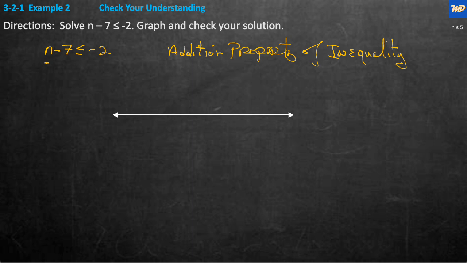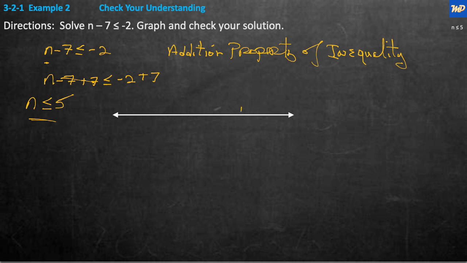Okay, so when we do that, we're going to get n minus 7 plus 7 is less than or equal to negative 2 plus 7. And when we simplify, we're going to get n is less than or equal to negative 2 plus 7 is 5. There's our solution. So n is less than or equal to 5.